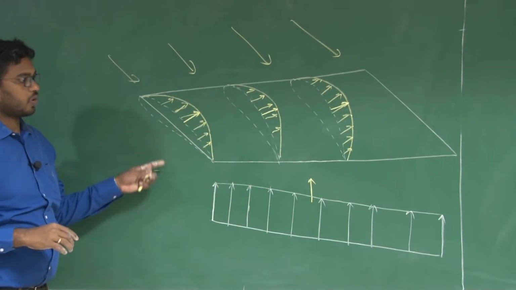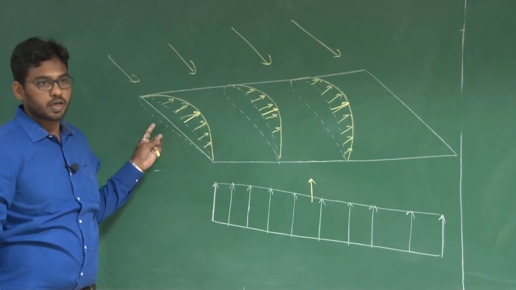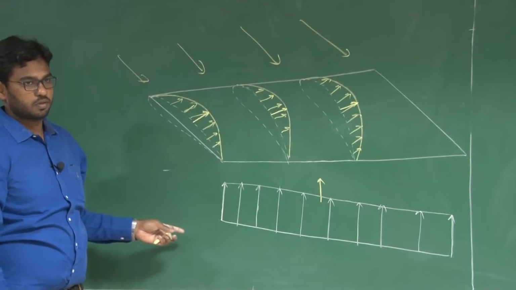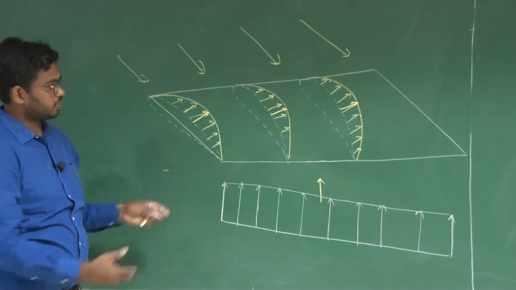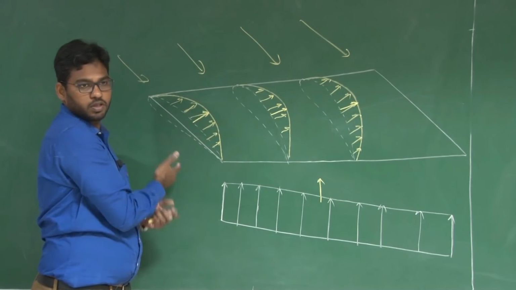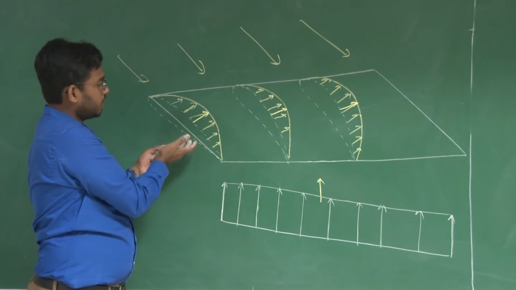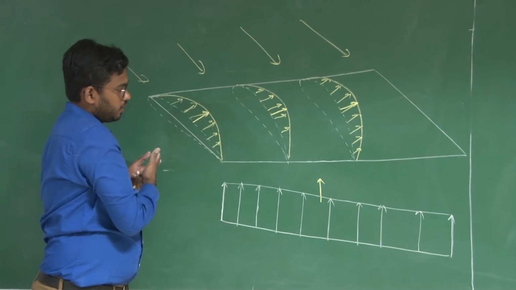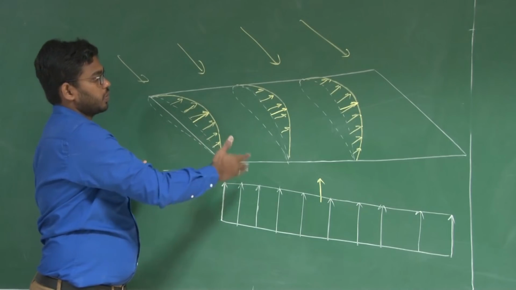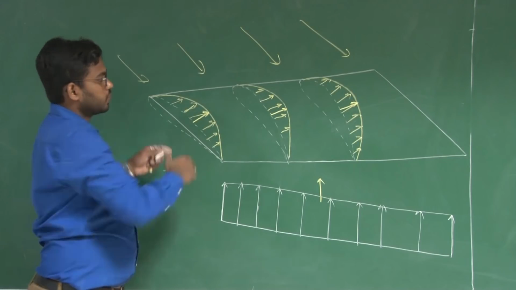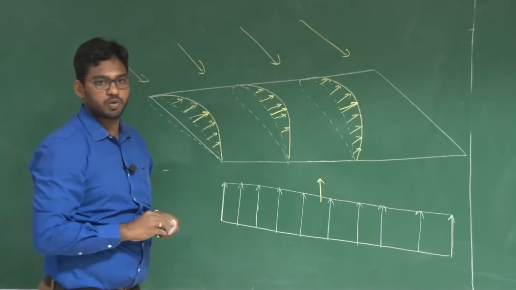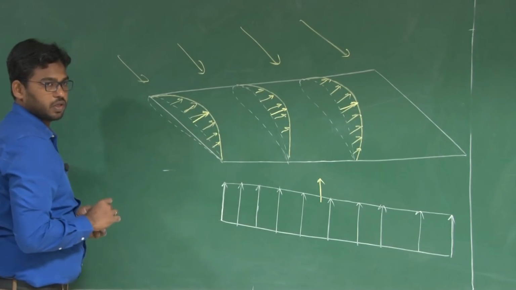So we can also talk about lift distribution along the span-wise location. We have lift distribution at a particular cross section, which is because of the flow over the aerofoil, and we can talk about lift distribution along the span-wise location, and it mainly depends upon the planform of the wing, the shape of this wing.